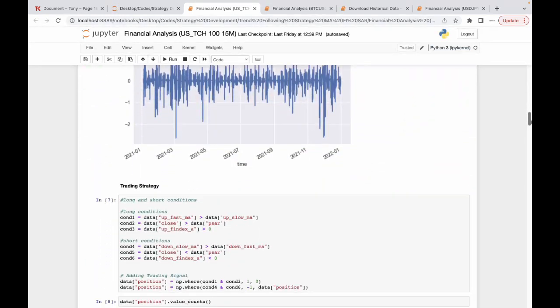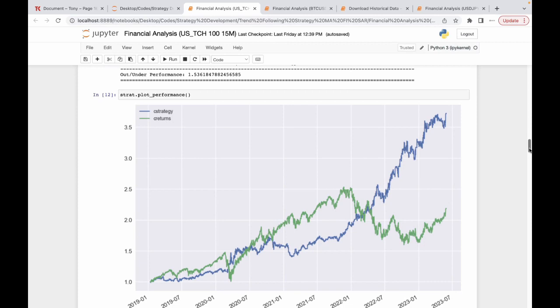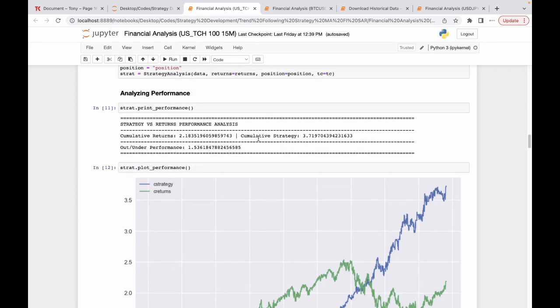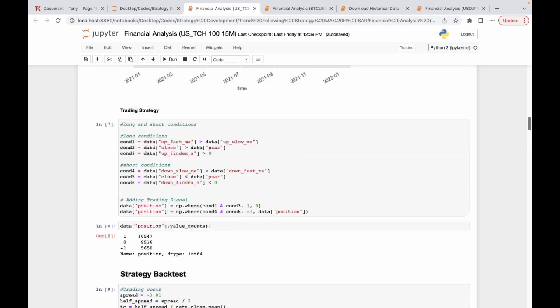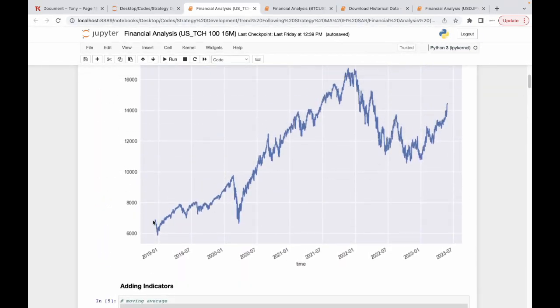The plot of the index, the trading strategy. You can see we also used condition 1 and 3, condition 4 and 6. Going downwards, you can see a plot of our trading strategy. For the returns, our cumulative strategy returned 2.18. Like I said earlier here, this is just what it is if you bought a unit of the US Tech 100 at the open of the chart.